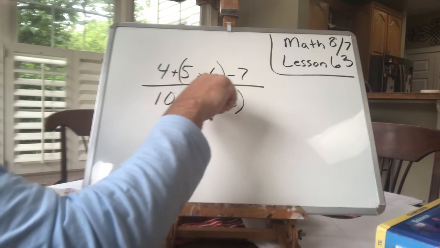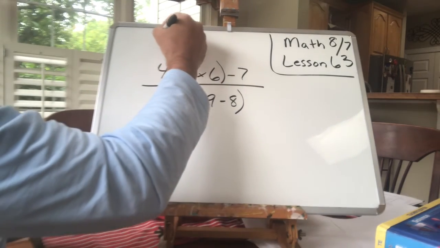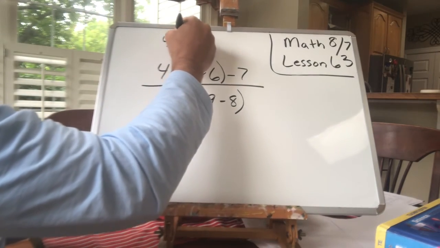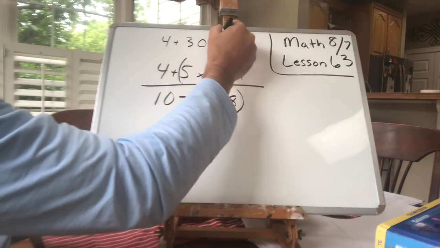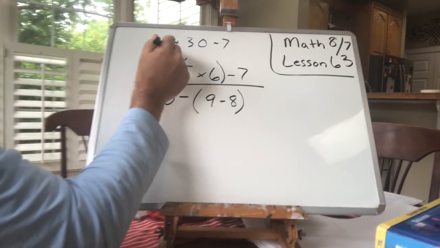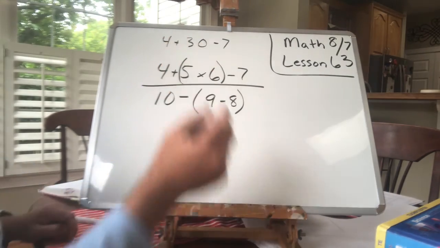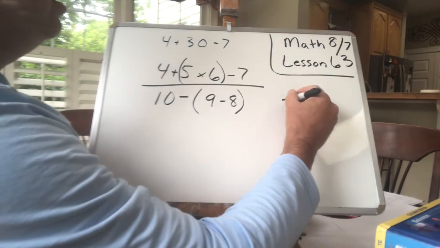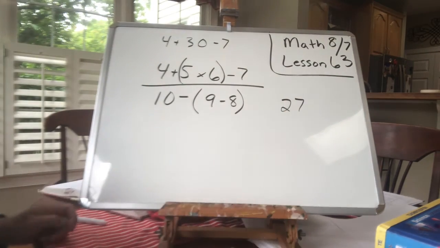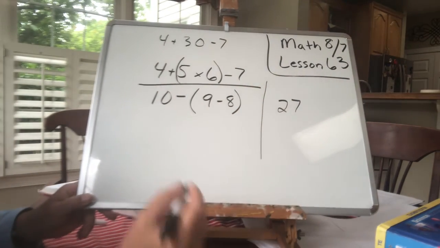Multiplication is solved before addition and subtraction. So we would come up with 4 plus 30 minus 7. Now we go from left to right and solve, right? 4 plus 30 is 34, minus 7 is 27, okay?